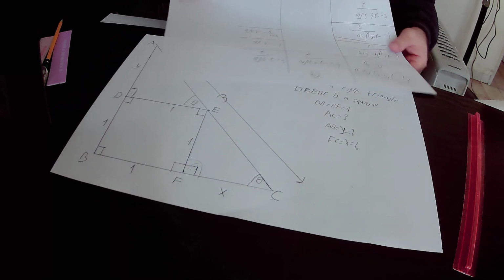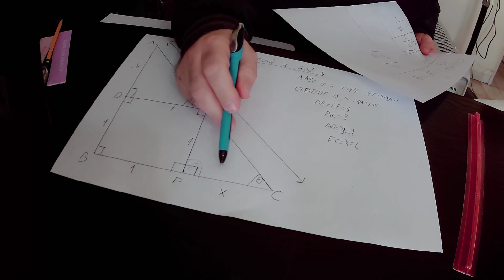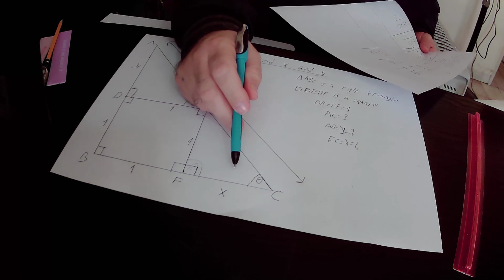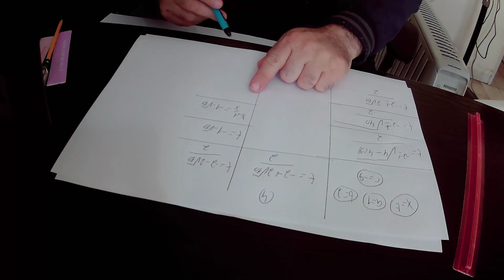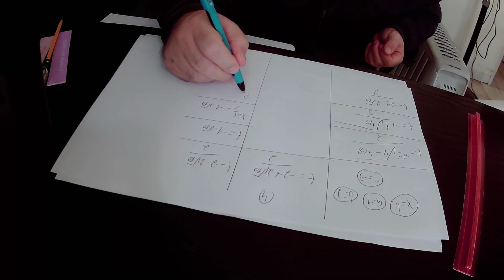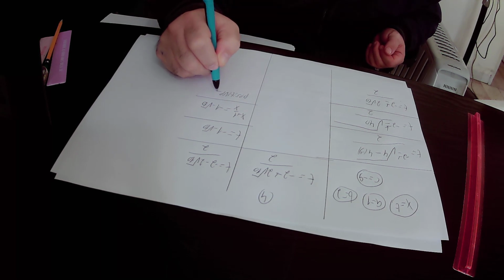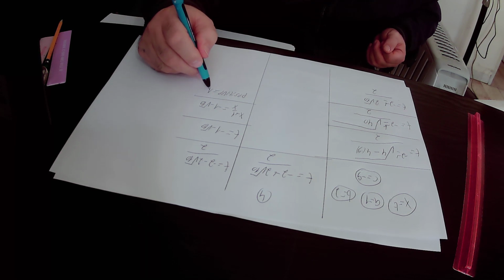What is x? X is length. X is length, therefore it must be a positive number. Therefore x plus 1 over x is a positive number, while minus 1 minus the square root of 10 is a negative number.